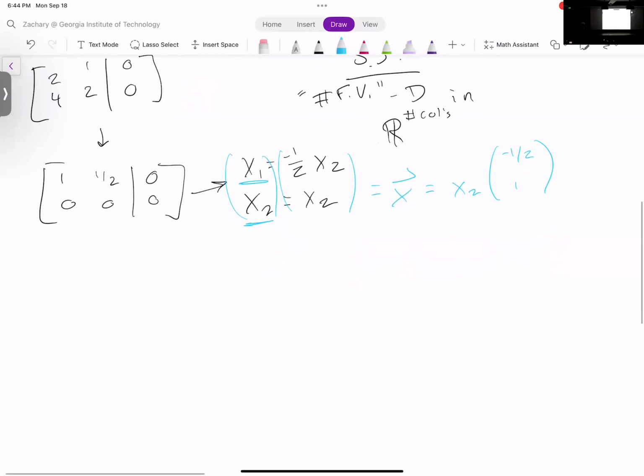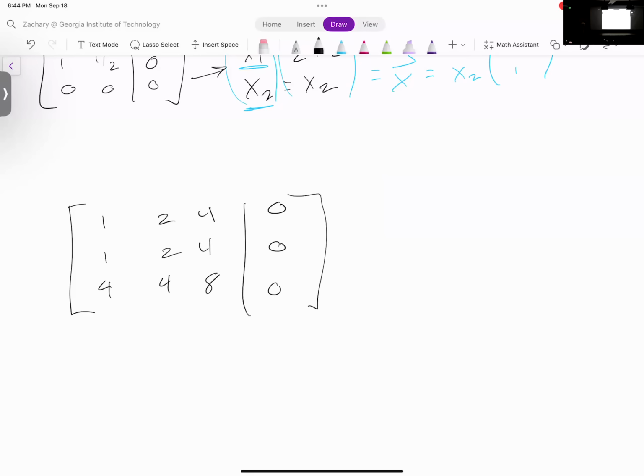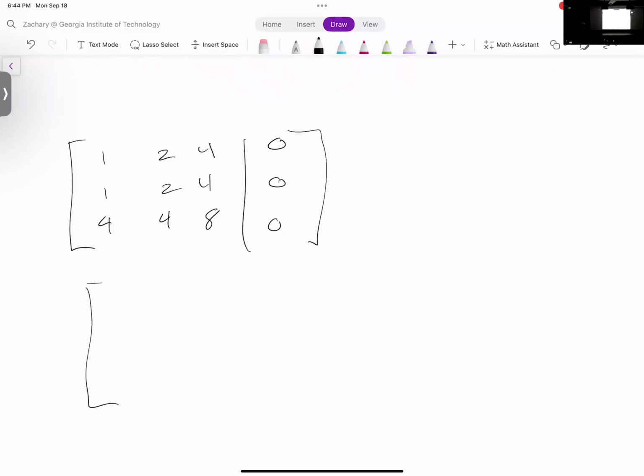Okay, yeah, totally. So another example where we could do this is if I have 1, 2, 4 augmented with 0, have 1, 2, 4 again, 0, I'm going to have 4, 4, 8. Okay. So what is this going to row reduce down to? It's going to be 1, 0, 0, 0, 1, 2, 0, 0, 0, augmented with 0, 0, 0.